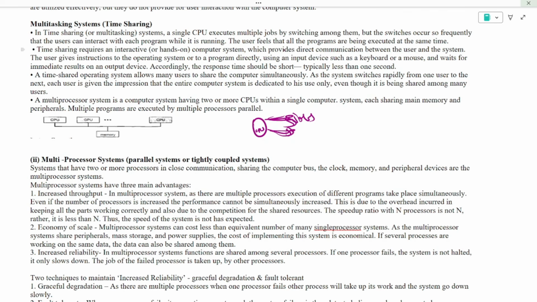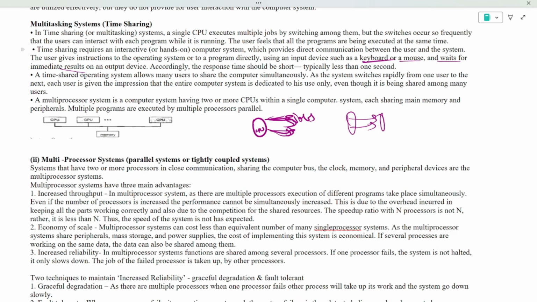The user will feel that all the programs are being executed at the same time. Time sharing requires an interactive computer system, which provides direct communication between the user and the system. The user gives instructions to the operating system or to a program directly, using an input device such as a keyboard or mouse, and waits for immediate results.